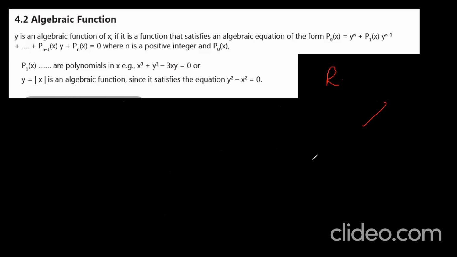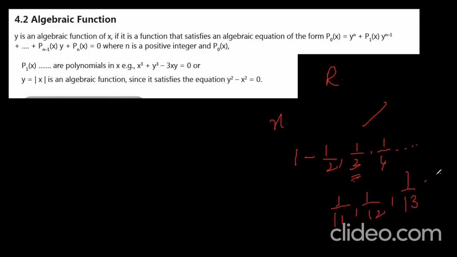Let me take an example: variable x takes the values 1, minus half, 1 by 3, 1 by 4, and so on. Then 1 by 3 is a preceding value, minus 1 by 10 a succeeding value, say 1 by 11, 1 by 12, 1 by 13, and so on.